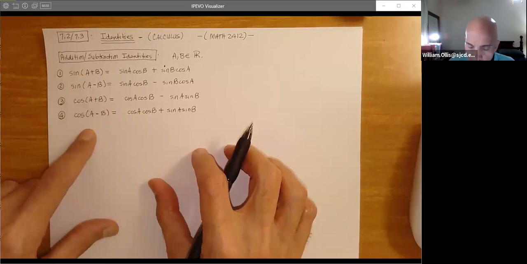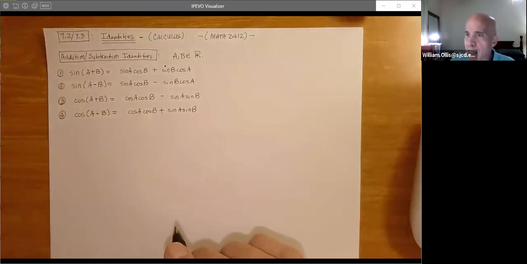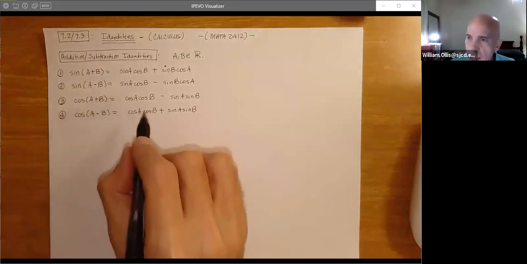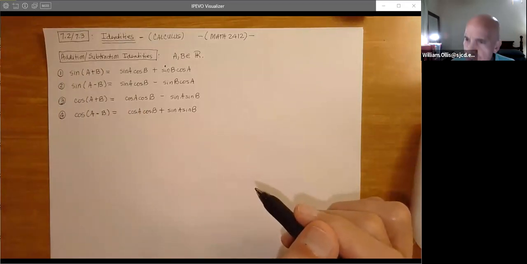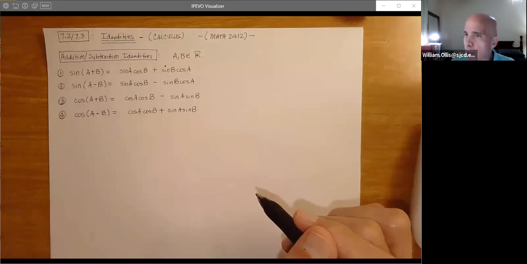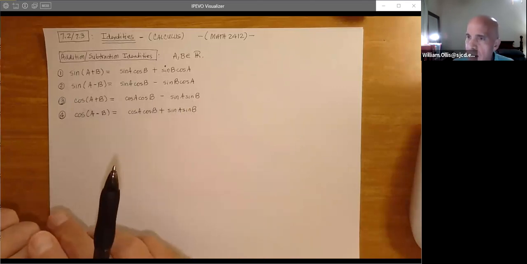The main thing here is that we want to be as comfortable with these as we can. We'll do a couple of examples, but I want you to look at these as being non-trivial identities. You don't look at this and say, oh, I figured that out just by looking at it, because it's not that way. These are non-trivial in the sense that you would not think this would be the case.